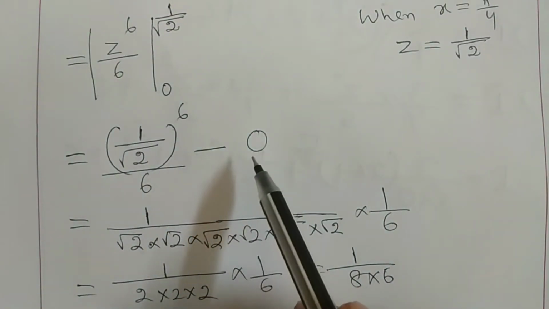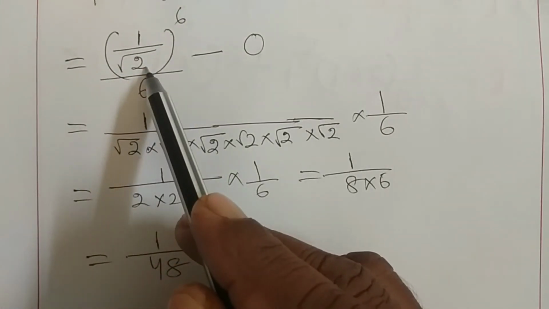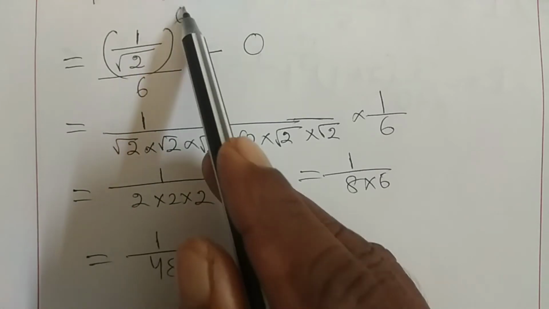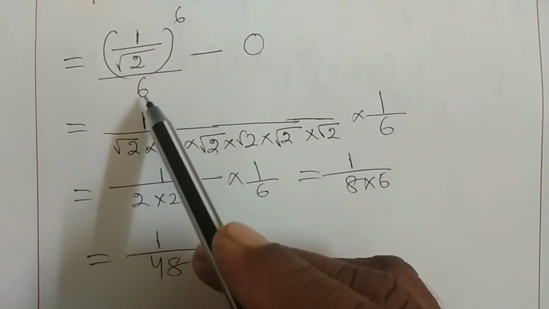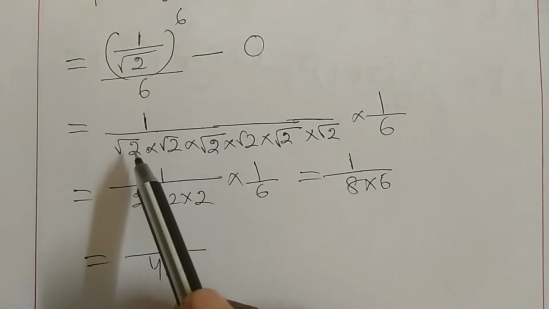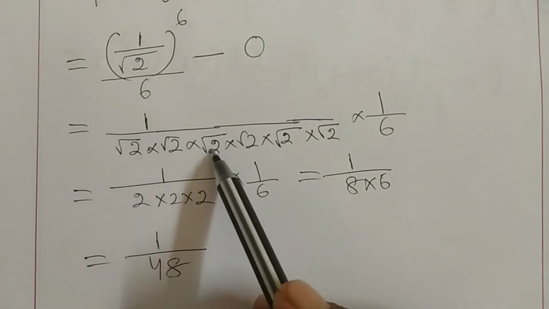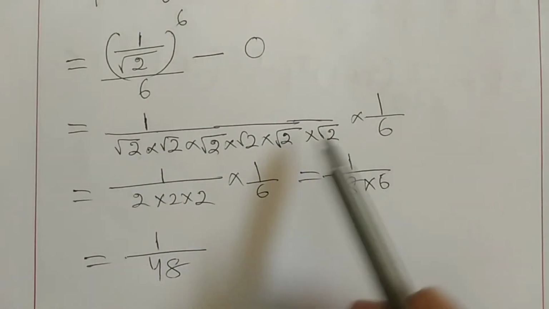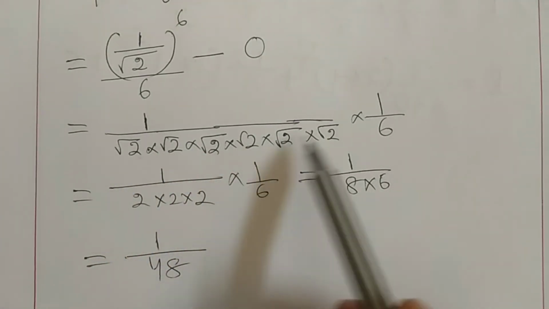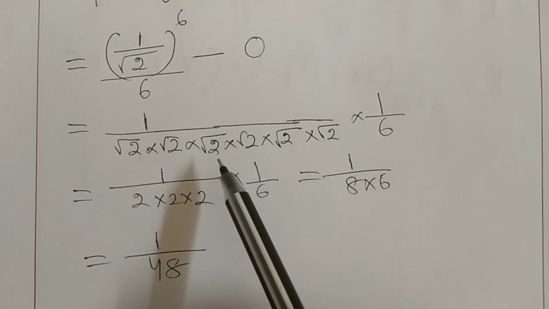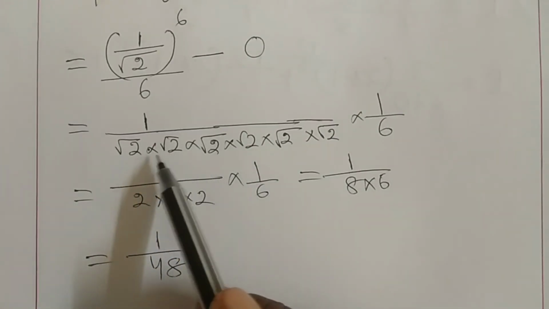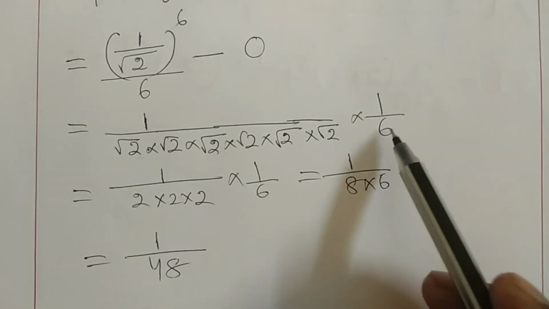Here 1 by root 2 to the power 6 by 6 is equal to 1 by root 2 into root 2 into root 2 into root 2 into root 2 into root 2, that is 6 times multiplication of root 2, into 1 by 6.